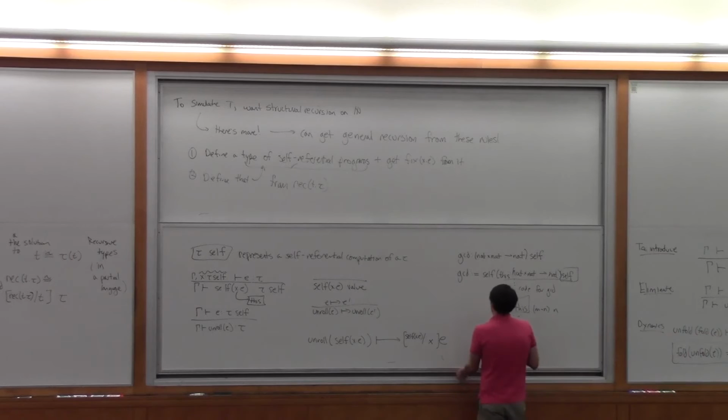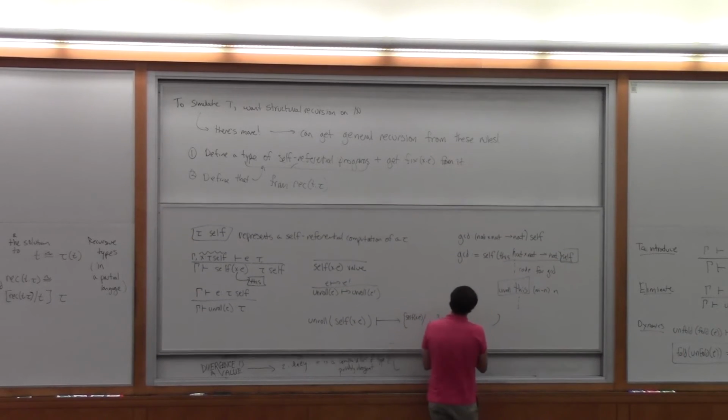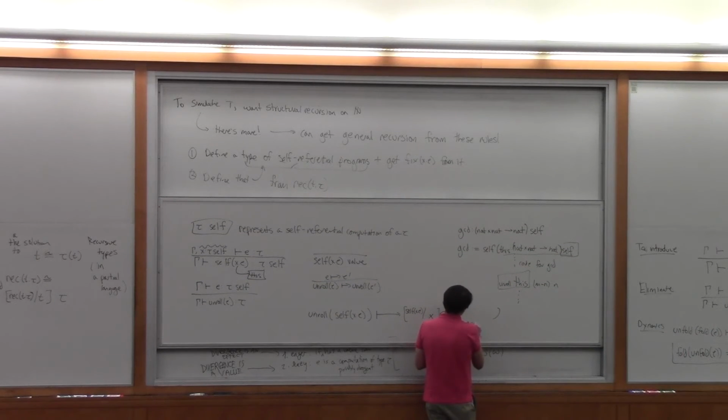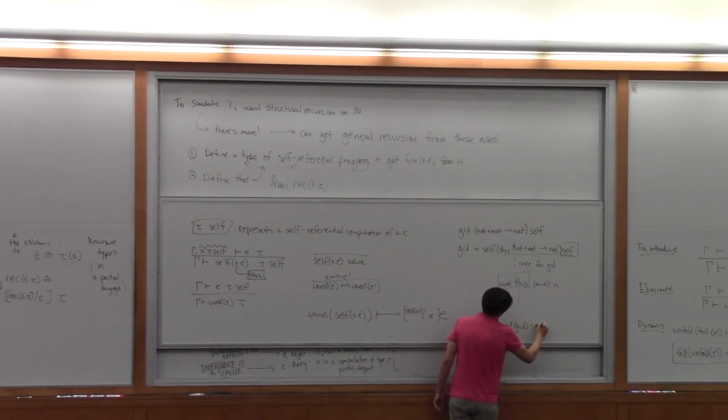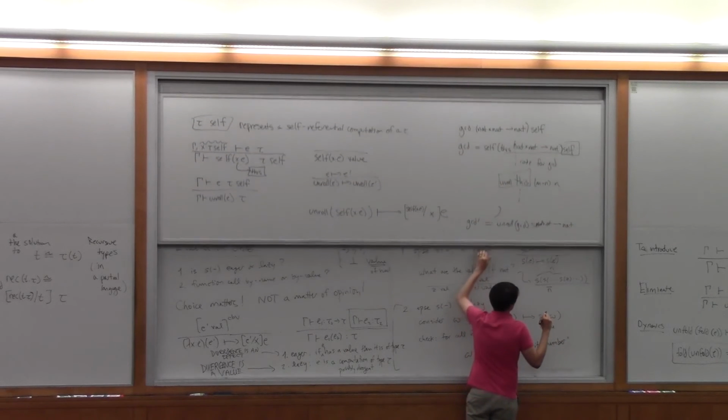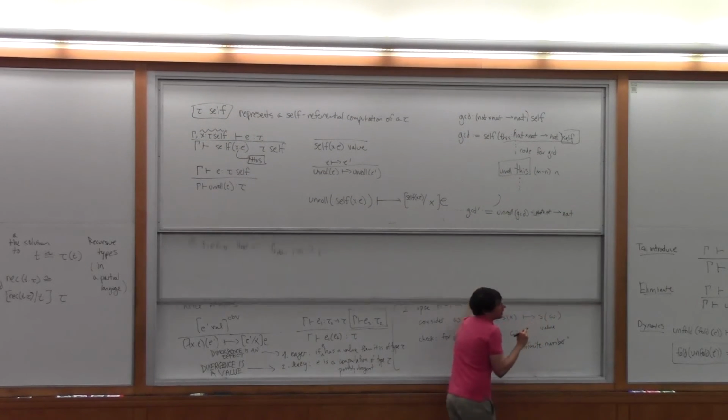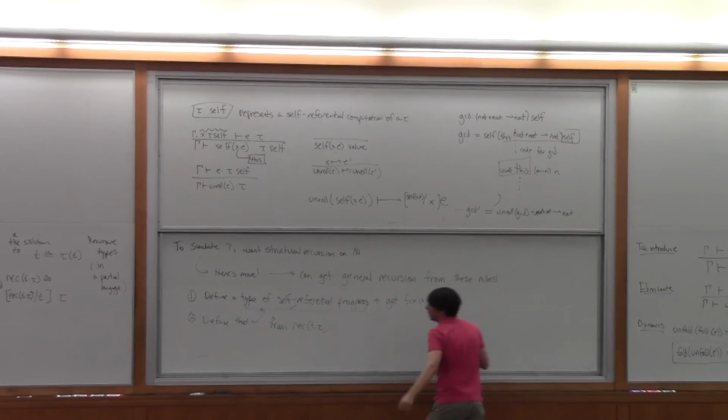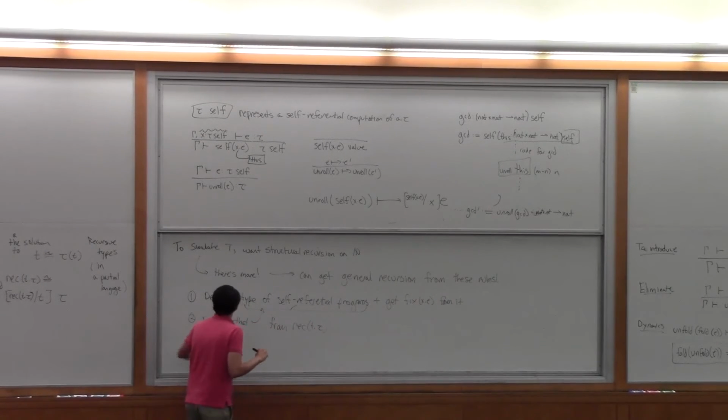And then if you want to actually use it, then down here, you might define GCD prime to be the unrolling of GCD, which actually has type nat cross nat arrow nat. Okay, time for stage 1, which is to get fix from this.